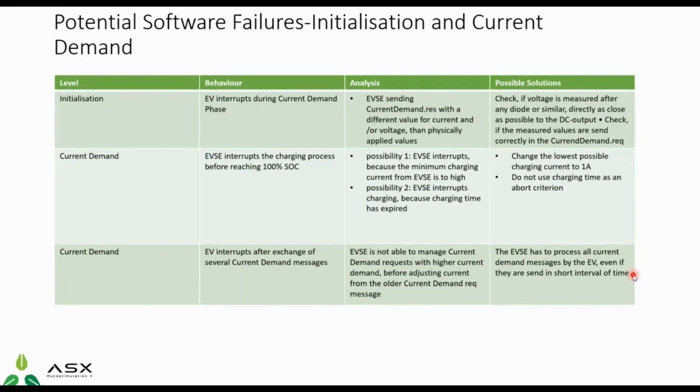There are some other processes, like the EV interrupting during the current demand phase, then the EVSE interrupting the charging process before reaching 100%. That is also happening. It should stop at below 1 ampere, but still it is doing that. So the possibility is that the EVSE interrupts because of the minimum charging current from the EVSE.